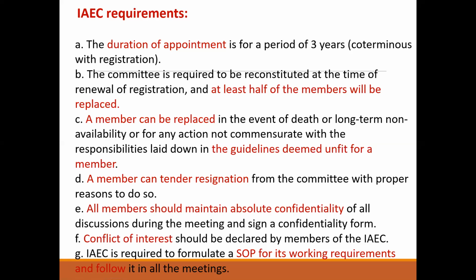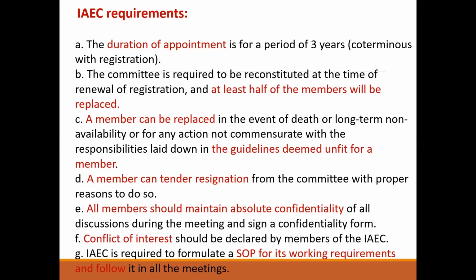From 7 members, half, that is 3 or 4 members, can be replaced. A member can also be replaced in the event of death, or long-term inability to attend meetings or provide guidance, with the consideration and approval of the other committee members. A member can tender resignation from the committee with proper procedure.